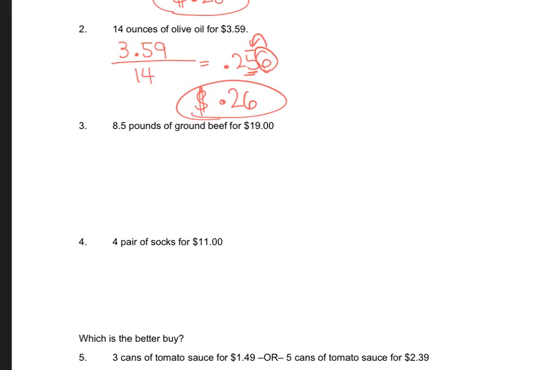All right, so ground beef. We have $19 and we're getting 8.5 pounds. This one is a little bit more, and that makes sense because if you look in the store circulars, if you hear ads, meat, especially now during the pandemic, hopefully time capsule this video when we watch it back in a few years, when I'm teaching this and people are like, oh my God, pandemic, what are you talking about?